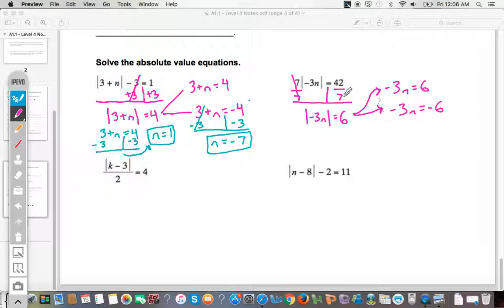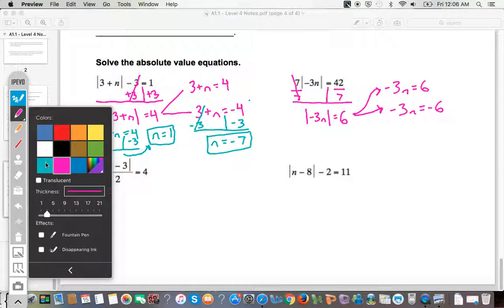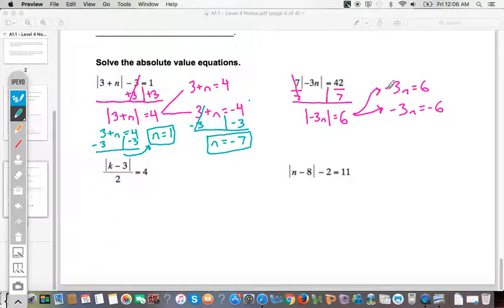Okay, so now I'm going to solve. So again, this top one I'll bring right down here. So negative 3n equals 6. So I'm going to divide by negative 3. That'll cancel. And 6 divided by negative 3. So I'm left with n equals negative 2.